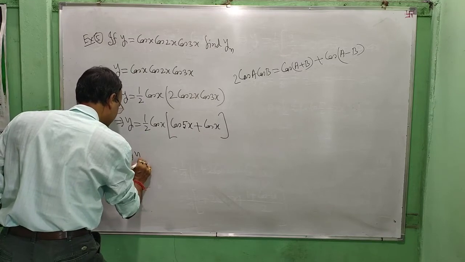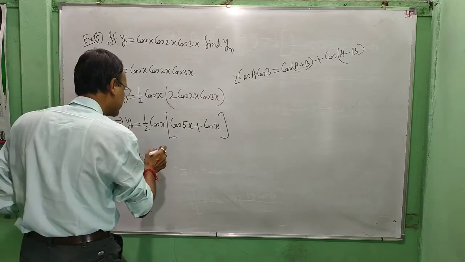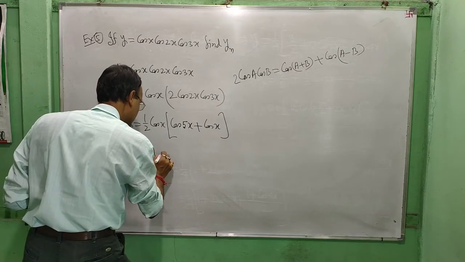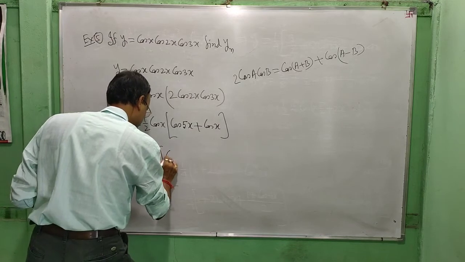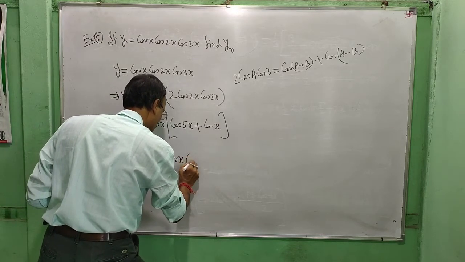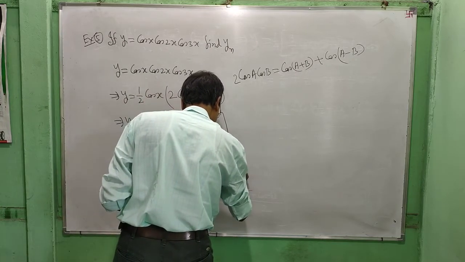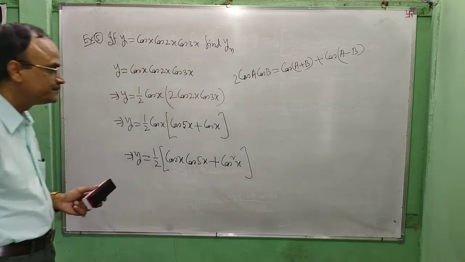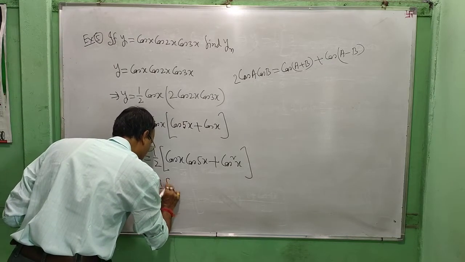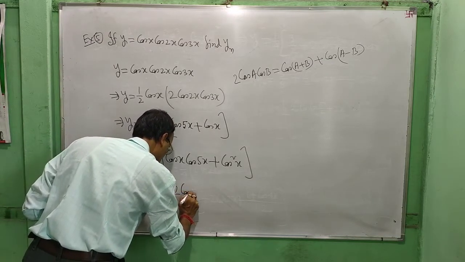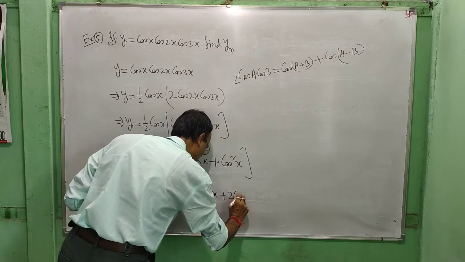This means y is equal to half of cos x cos 5x plus cos square x. This is equal to 1/4 times of 2 cos x cos 5x plus 2 times cos square x.